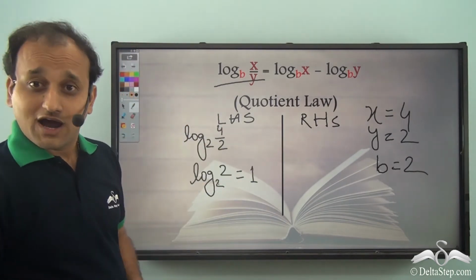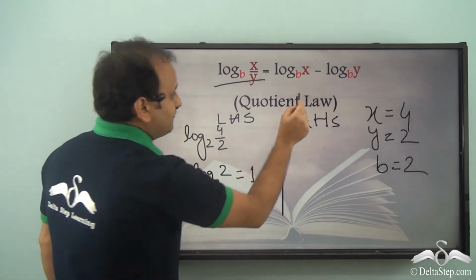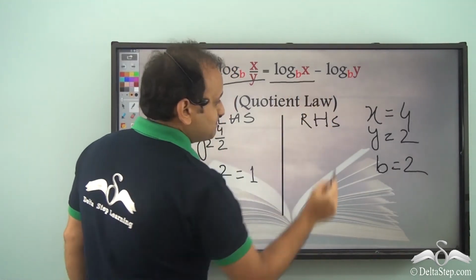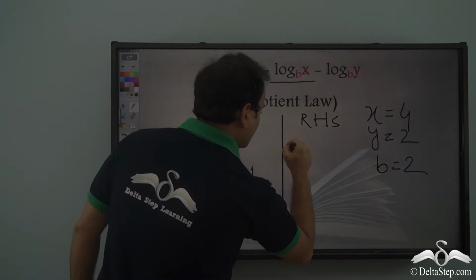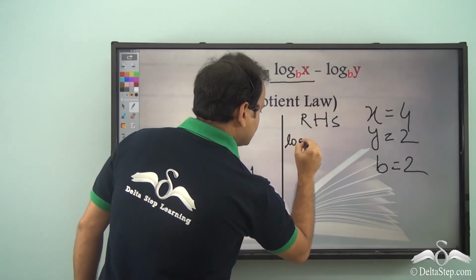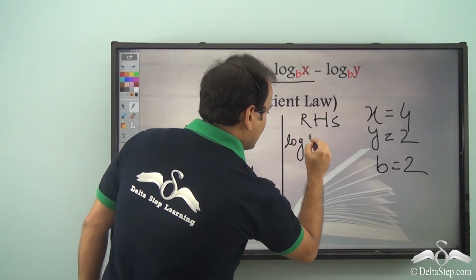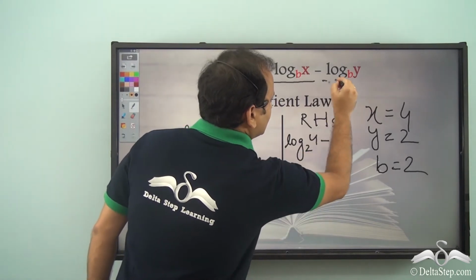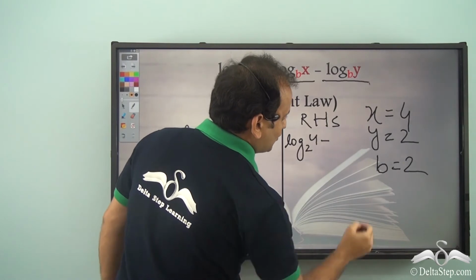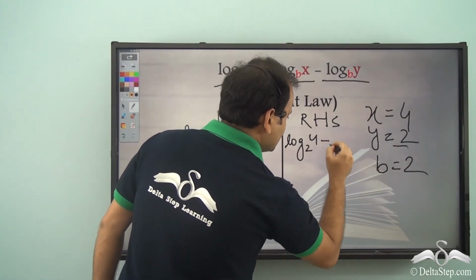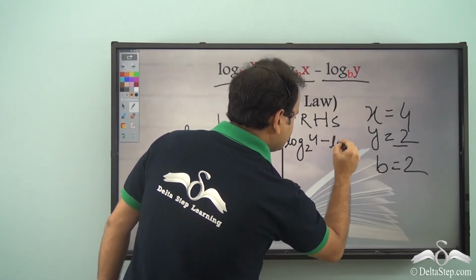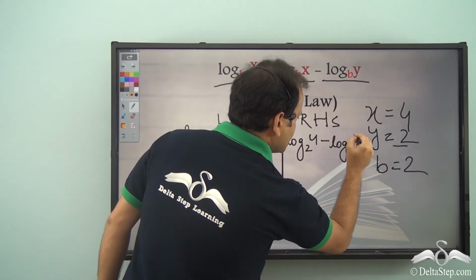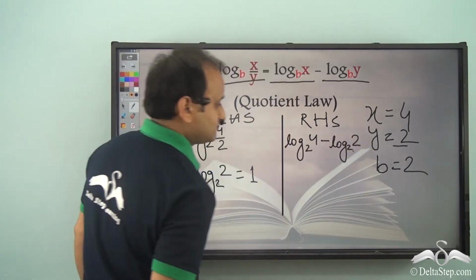Now let's solve it for the RHS. Here we have log x to the base b, that is log 4 to the base 2, minus log y to the base b, that is log 2 to the base 2.